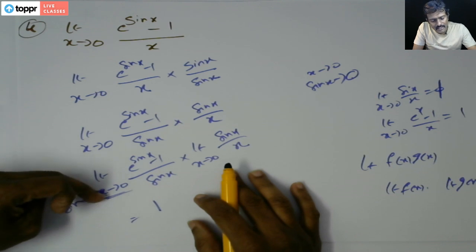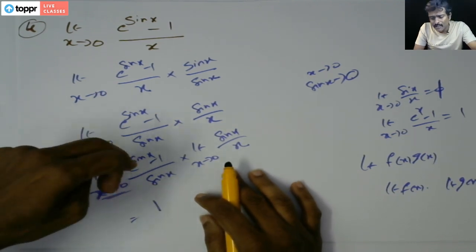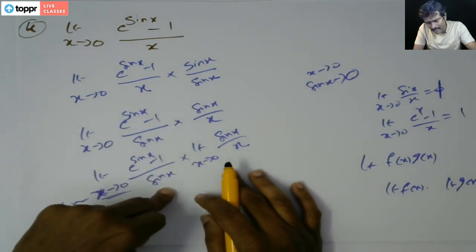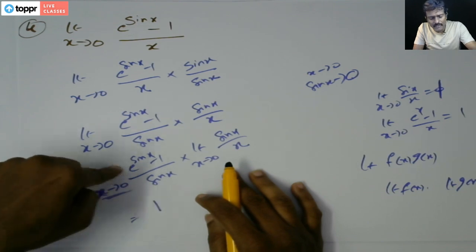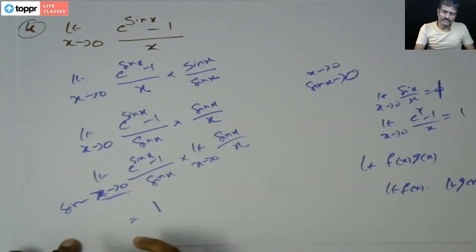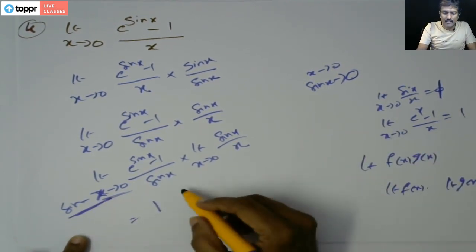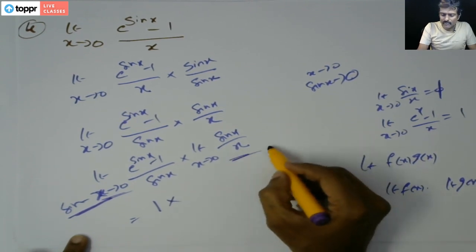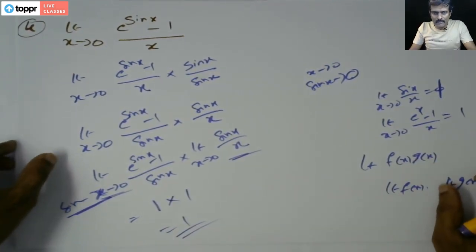When x tends to 0, sin x also will tend to 0. So when limit x tends to 0 of (e power x minus 1) by x is what we need, I'm writing limit sin x tends to 0 of (e power sin x minus 1) by sin x. This also will tend to 1, because when x tends to 0, sin x also tends to 0. So this is a key point to be remembered here. 1 times, and this value is again 1. So the final limit of this is 1.